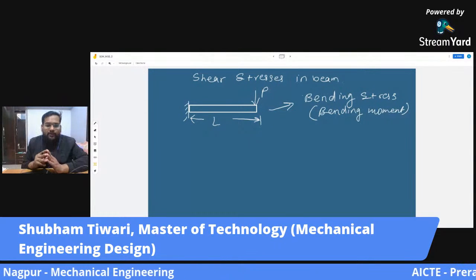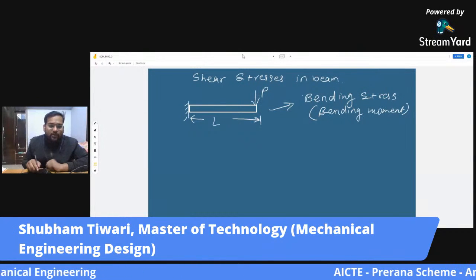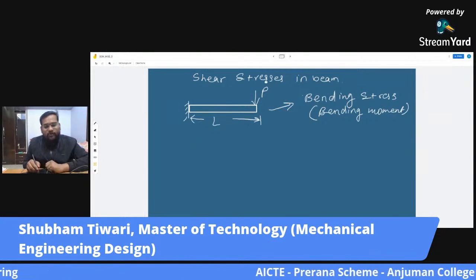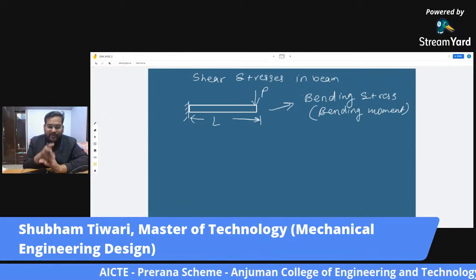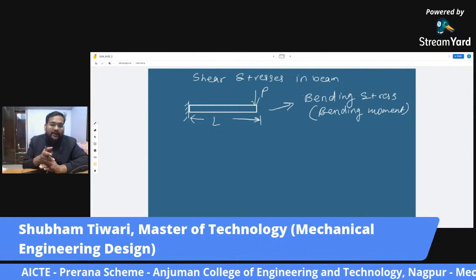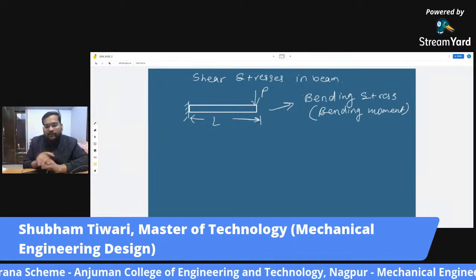The other stress that will be present in this beam will be a shear stress. How? Because I told you that when you cut a cake, the cake gets cut along the line of application of force.